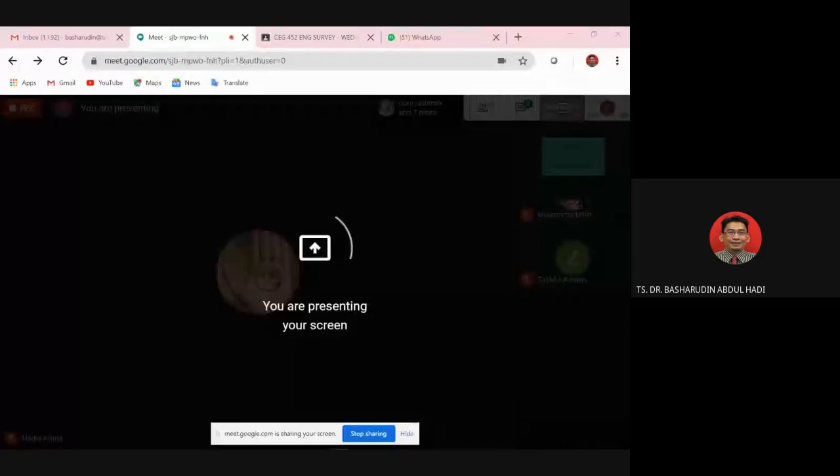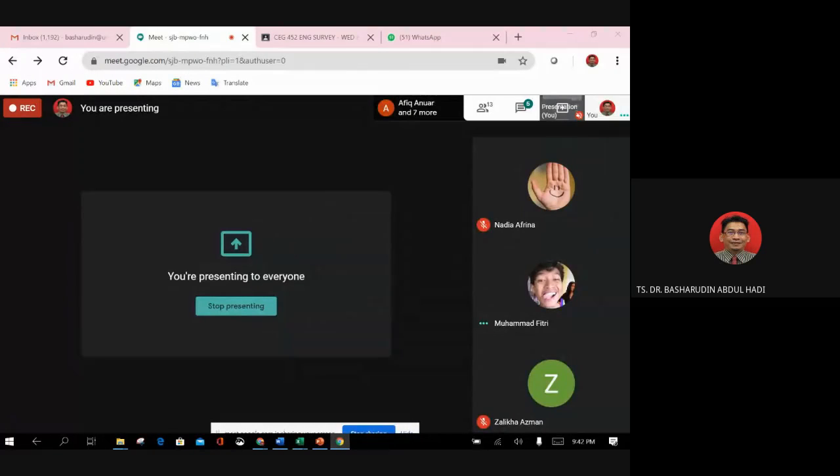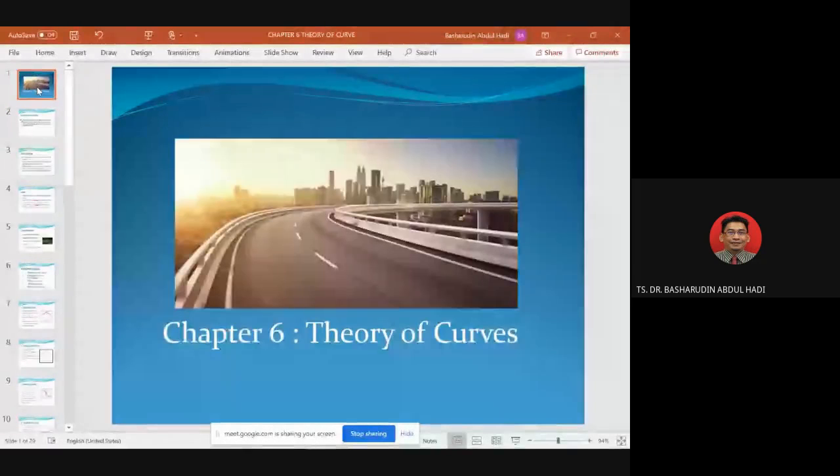We must give you good training. One of the trainings you must understand is the fundamentals of surveying. Today we want to learn about how to make a curve. You can see from my slide, this is the curve. It's not the IKEA curve at Damansara in Kuala Lumpur, but the theory of curves of highways or roads.